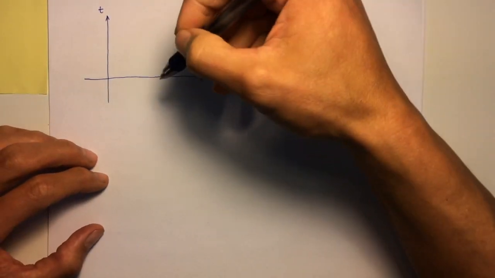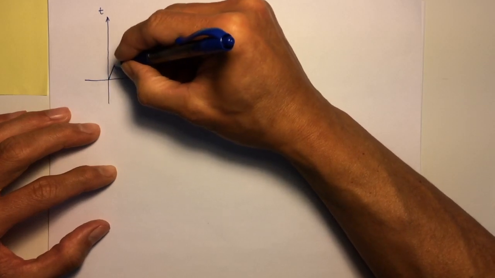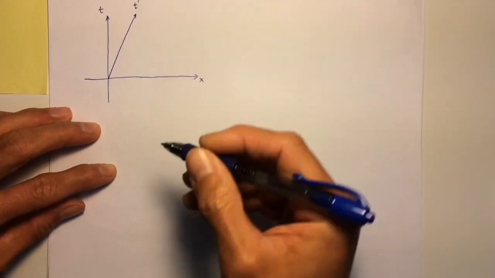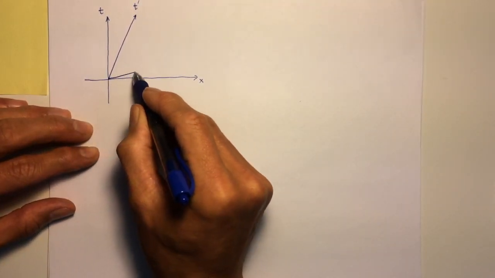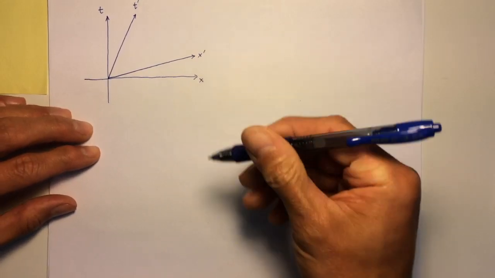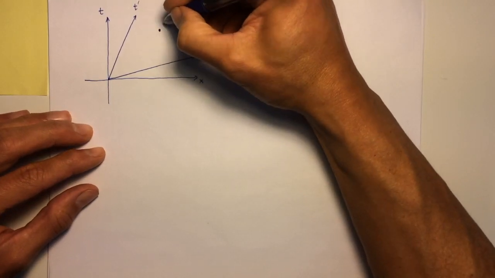And actually, I'm going to exaggerate it a little bit. So here is the t prime axis. And here is the x prime axis. All right? And here is an event.